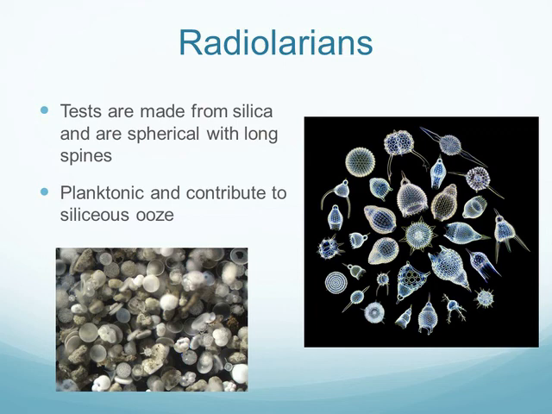It's not really gooey ooze. I don't know why they call it an ooze, but it basically means that this particular sediment has a greater proportion of radiolarian shells within it.